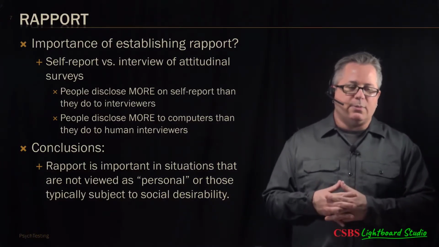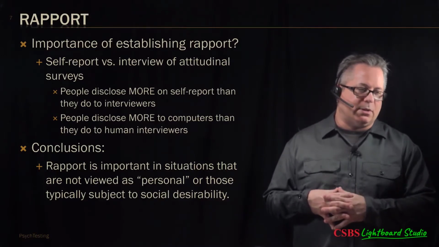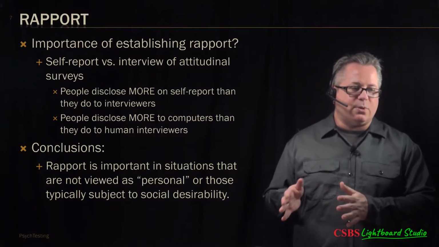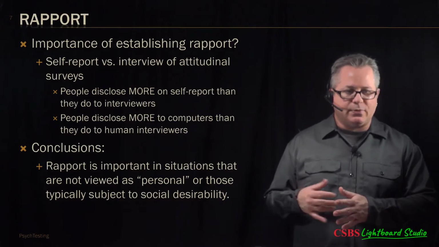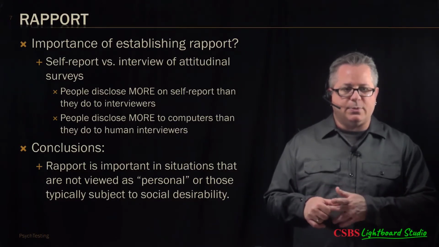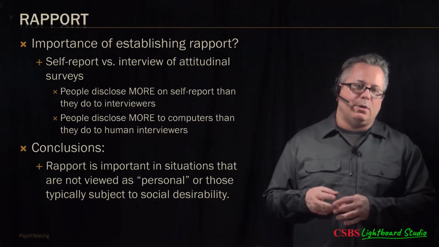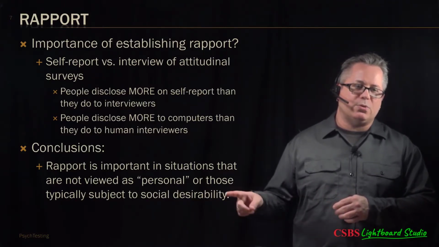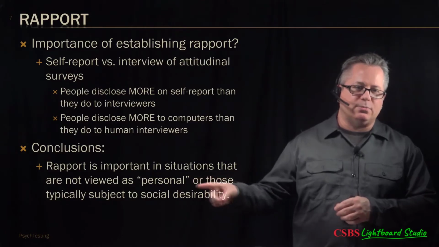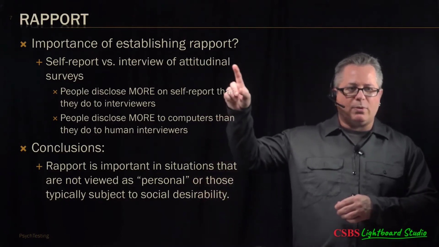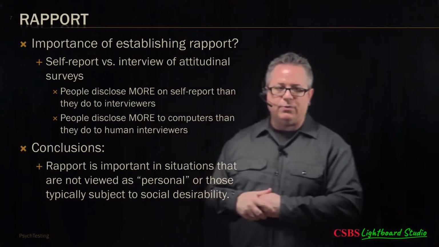So the conclusions here, which are not super strong because the research is a little bit old and more needs to be done on it, I'm sure: rapport is important in situations that are not viewed as personal, or not typically subject to social desirability. With socially desirable and personal information, rapport can help a little bit, but people are not going to be super honest.